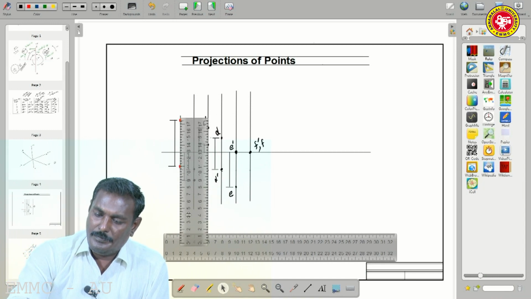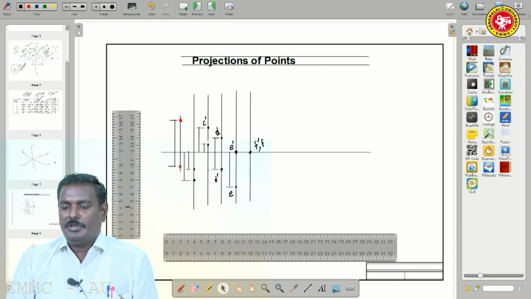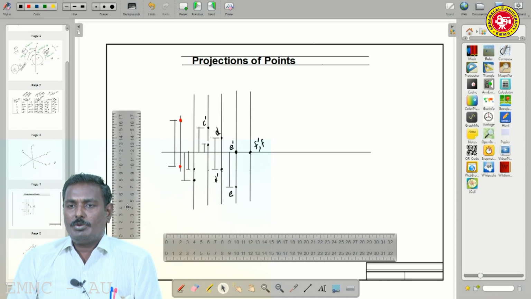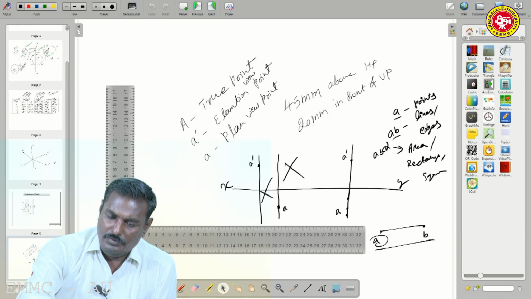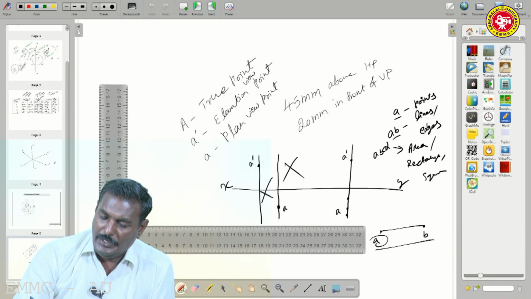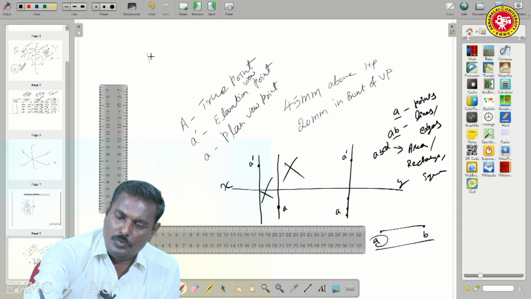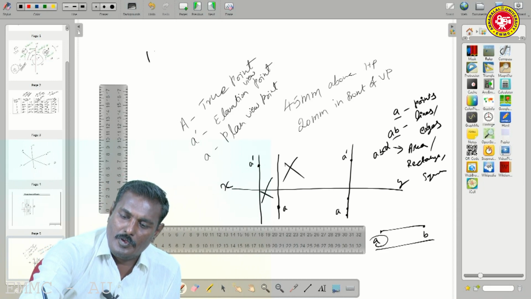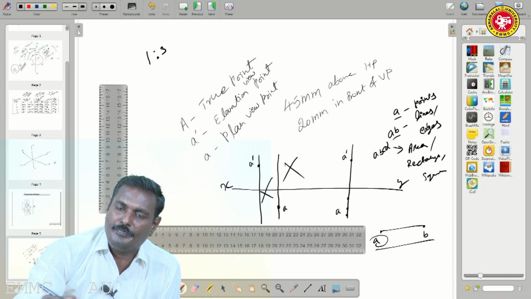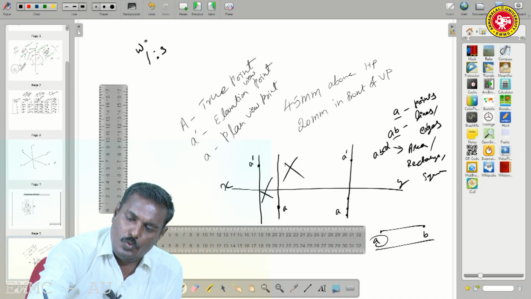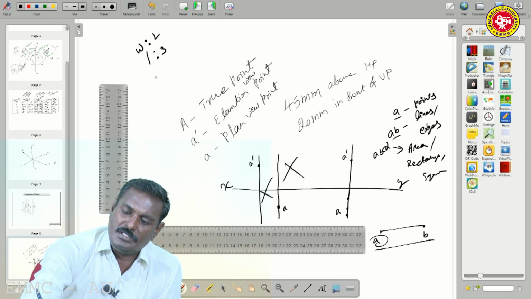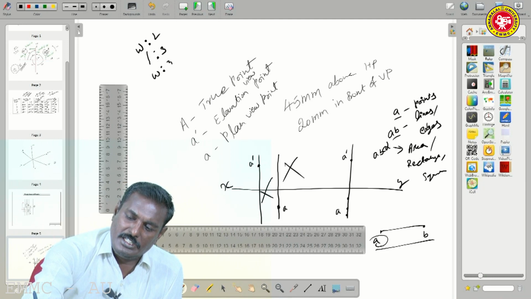After drawing, then arrowheads. So what about the arrowheads? Again I tell you, the arrowhead proportion is 1:3. The width is 1 times, and the length is 3 times the width.